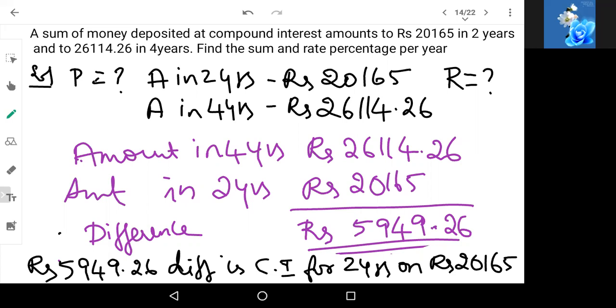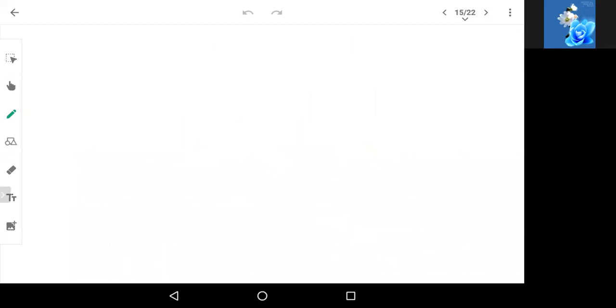So on 20,165, if they calculate compound interest, they will be getting 26,114. Okay. So in the brackets, you can just write fourth year minus second year. If you're getting confused, just write down this one.